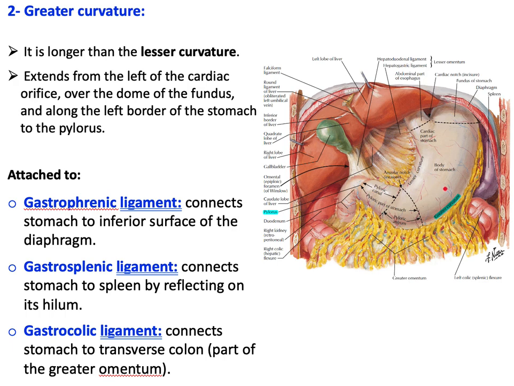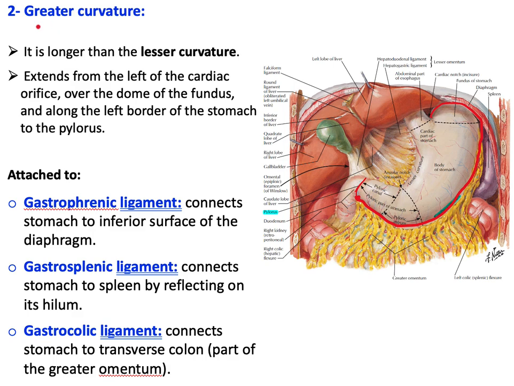So now let us jump to the greater curvature of the stomach, which is longer than the lesser one and extends from the left of the cardiac orifice over the dome of the fundus, as you see here, then along the left border of the stomach all the way until you reach the pylorus again, right?